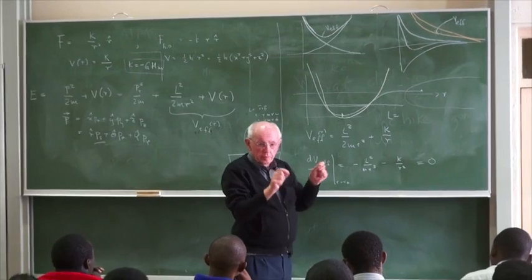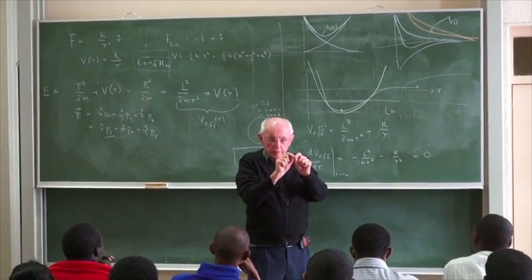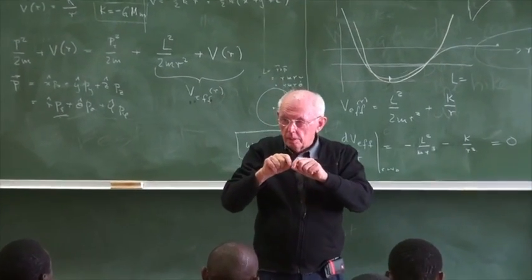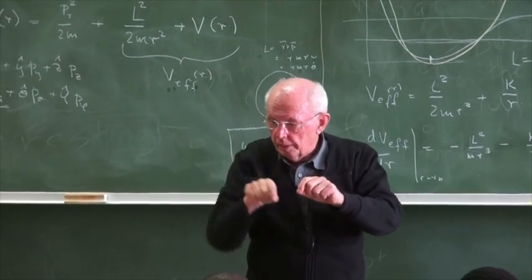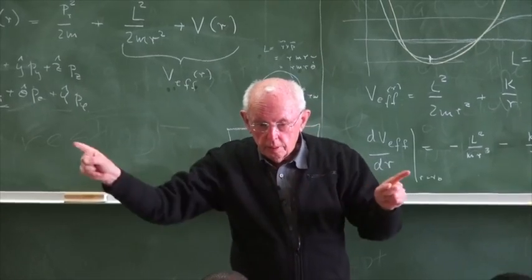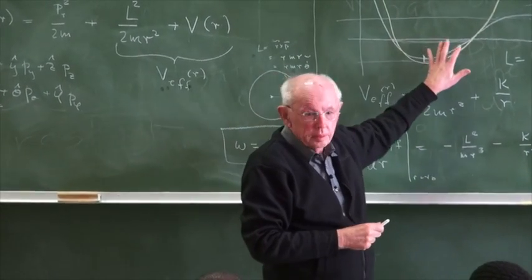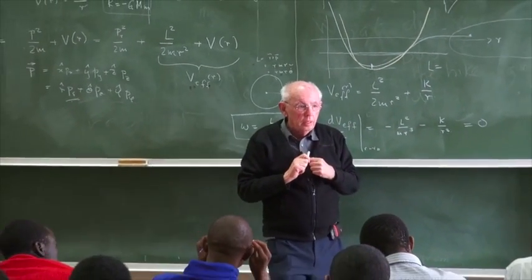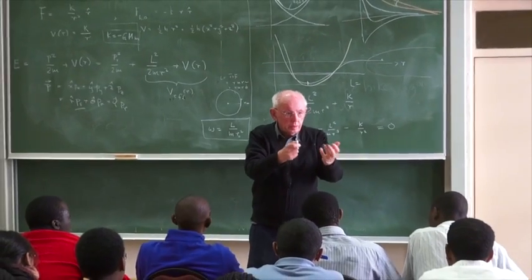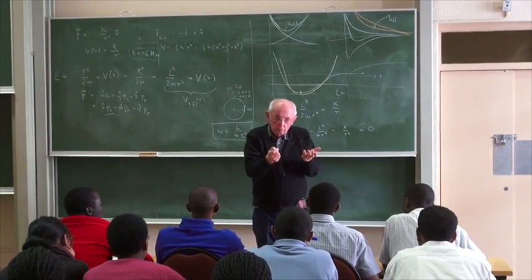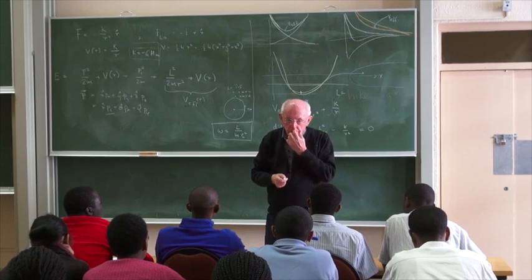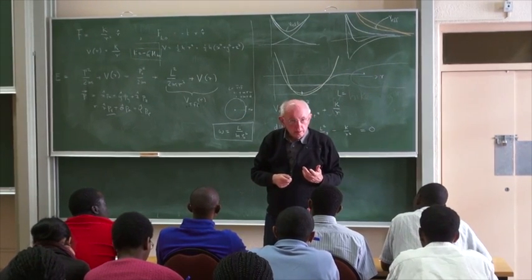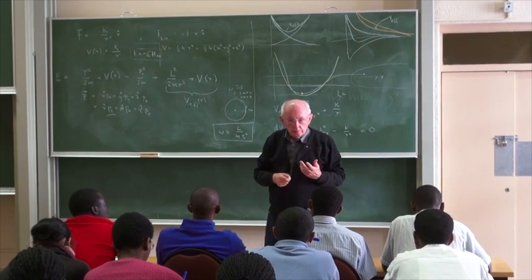So I have this particle which is moving around, but in the meantime it is also oscillating like a harmonic oscillator in the r direction. So in the r direction it comes closer to the sun and it goes further away from the sun. It comes closer to the sun and moves further away again. Now I want to calculate that frequency. Now how do I do that?